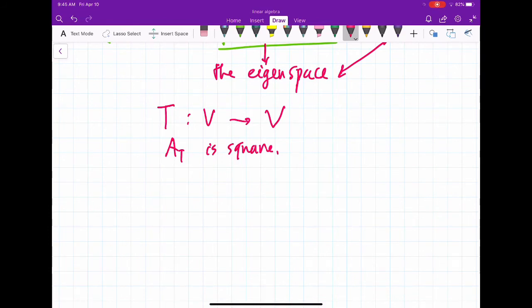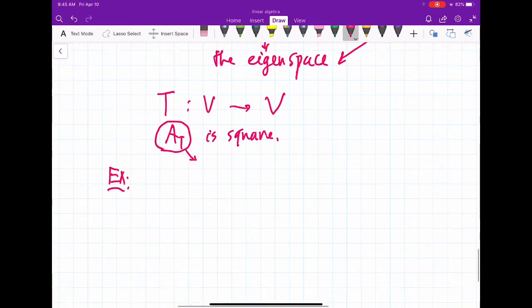Then, all eigenvalues of A_T are said to be eigenvalues of T. All eigenvectors of A_T are said to be eigenvectors of T, right? And of course, eigenspace also. So, it's okay to talk about eigenvalues, eigenvectors, and eigenspace for linear transformation, okay?